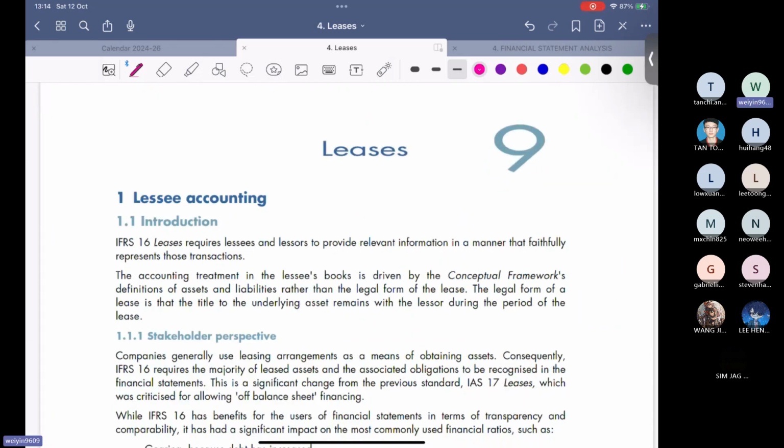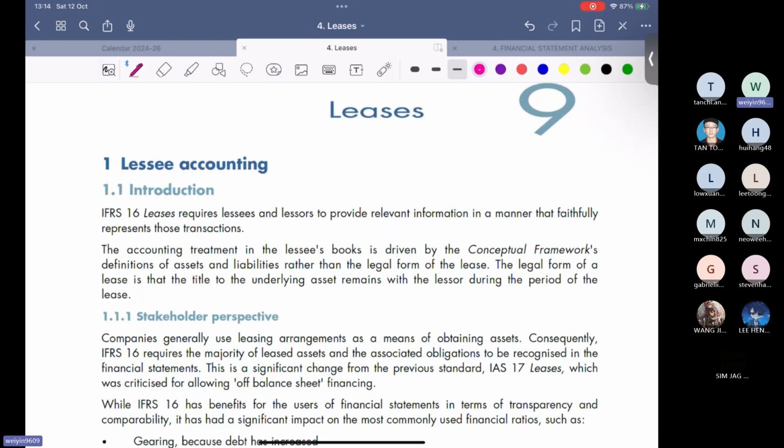So let's look at the introduction. IFRS 16 requires the lessee and lessor to provide relevant information in a manner that faithfully represents those transactions. So the accounting treatment in the lessee's books is driven by the conceptual framework definitions of asset and liability rather than the legal form of the lease.